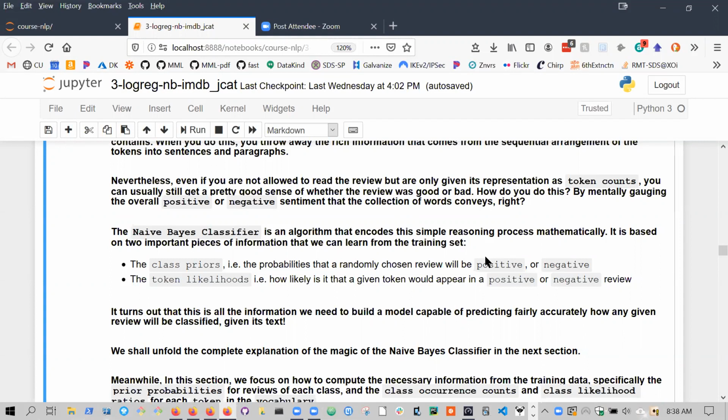Does that make sense? It's basically the prior probabilities, based on your training data, that a randomly chosen review would be positive or negative. And remember that in the training data, you have all the reviews and you also have the labels, whether they're positive or negative. So does that make sense, the class priors?